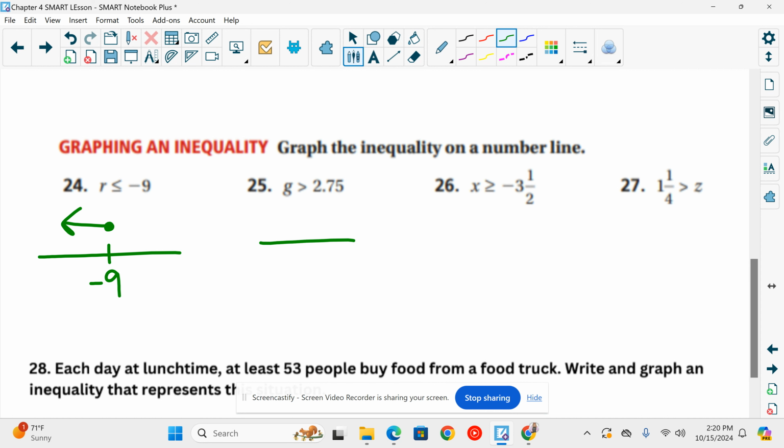Alright, if I have 2.75, is this going to be open or closed? Open, pointed to the right. And then if I have -3.5, open or closed? Closed, pointed to the right.